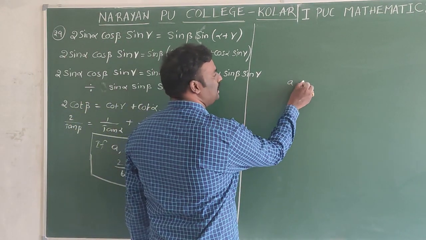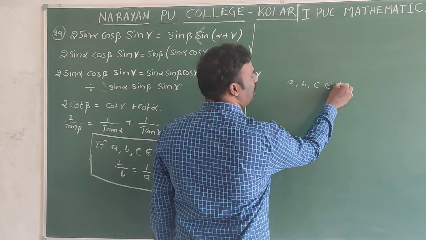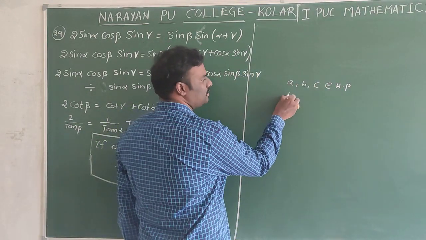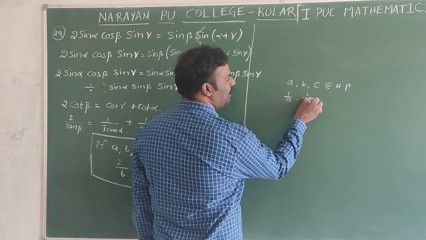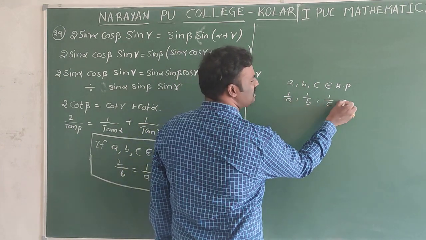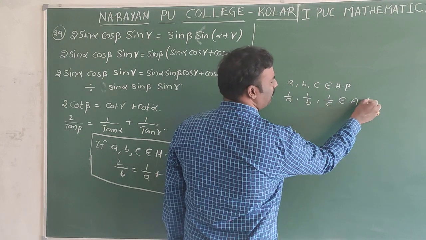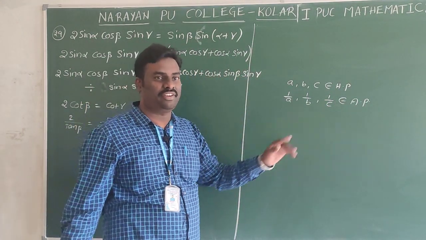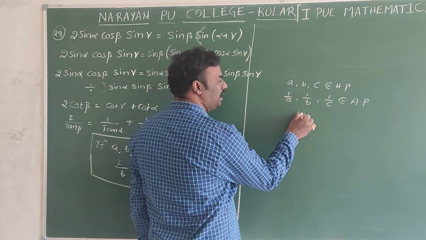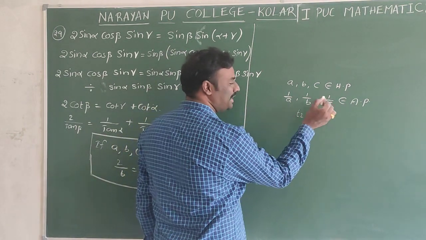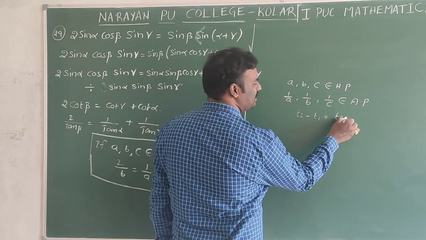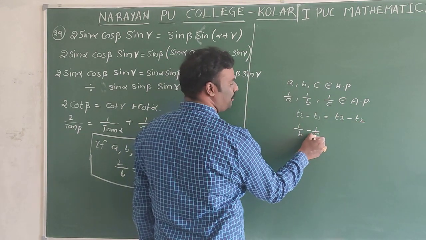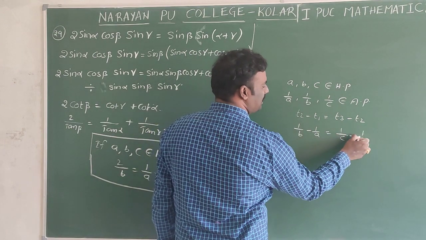If a b c belongs to harmonic progression, its reciprocals 1 by a, 1 by b, 1 by c belongs to arithmetic progression. Arithmetic progression means it maintains common difference, that is nothing but t2 minus t1, second term minus first term is nothing but t3 minus t2. If you simplify, 1 by b minus 1 by a equals to 1 by c minus 1 by b.